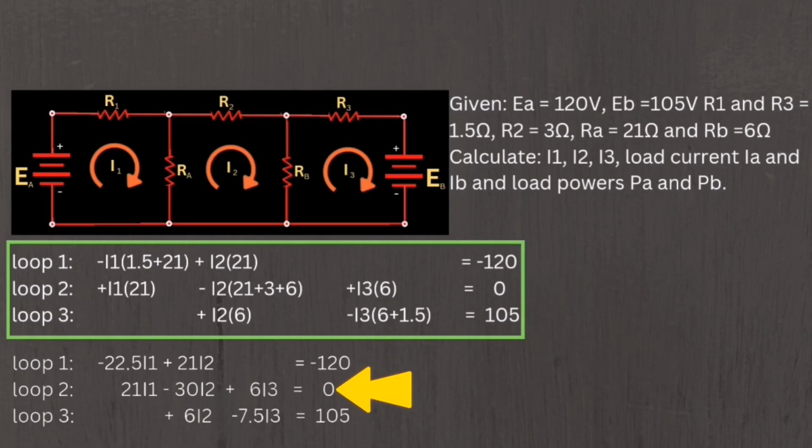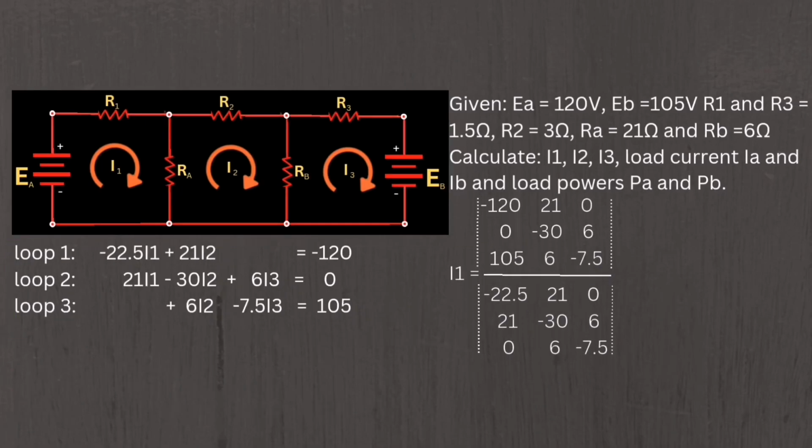Simplifying, 21 I1 minus 30 I2 plus 6 I3 equals 0. For loop 3, I2 times 6, minus I3 times 6 plus 1.5, equals 105. 6 I2 minus 7.5 I3 equals 105. So we have these 3 equations.